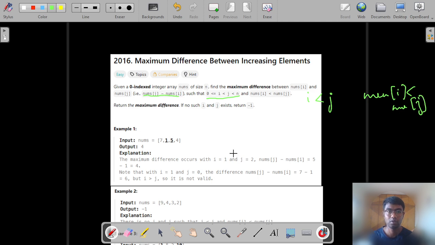So that's the whole goal. Return the maximum difference. If no such i and j exists, return minus 1.